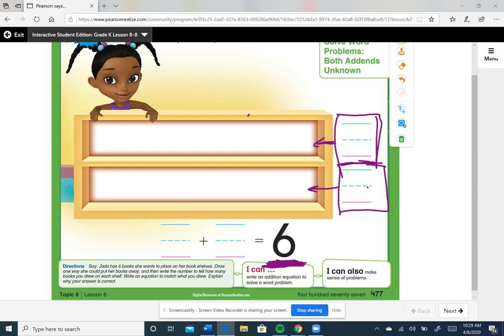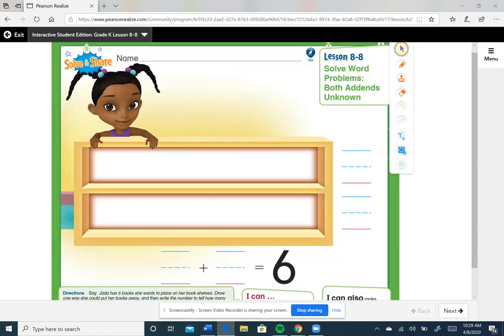Okay. So you need to come up with your own equation and make 6. And then you've got to write your equation right down here. So it's going to be your top shelf plus your bottom shelf. Think you can handle that?